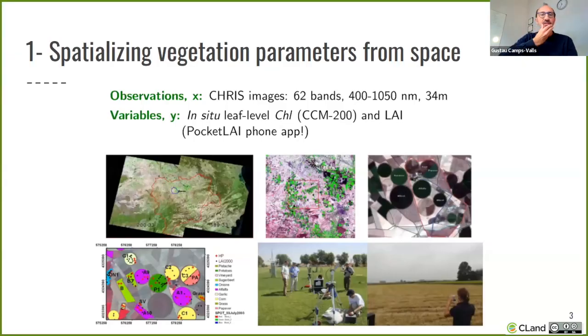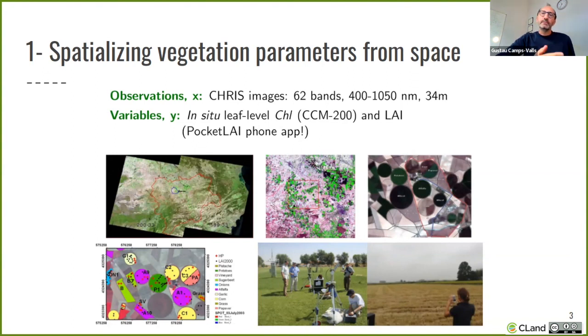So let me show you just a couple of examples of how typically these machine learning models have been used for vegetation parameter estimation. For example, you can go to the field and get, through a terrestrial campaign, some observations and in situ measurements. For example, in a nearby region here in Valencia, we were measuring in situ leaf-level chlorophyll content and leaf area index.